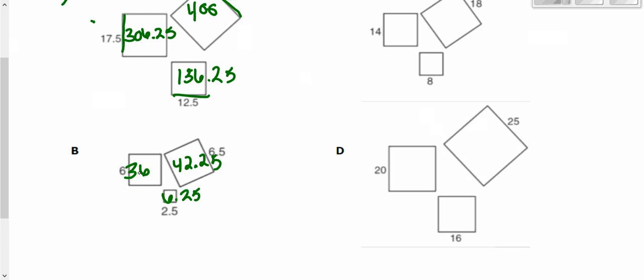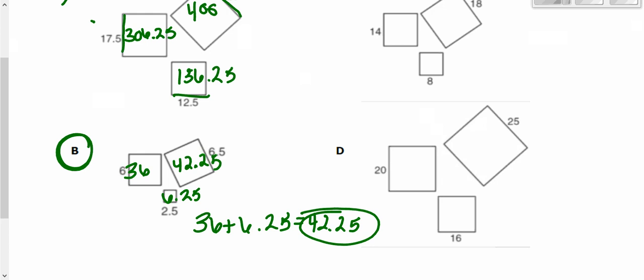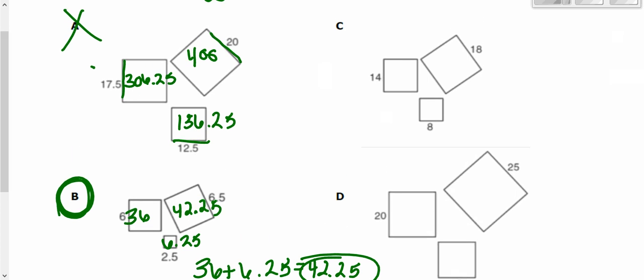So I want to know, does this plus this equal 42.25? 36 plus 6.25. I'm going to type that in my calculator, and it does give me 42.25, so this must be a right triangle. I could go on and check the other two, but I'm confident that I'm right here, so I'm going to stop there and answer B.